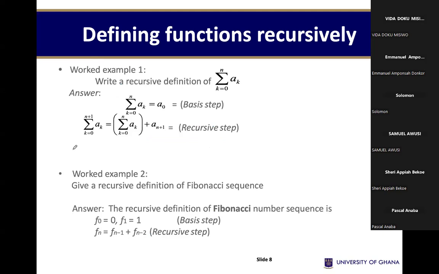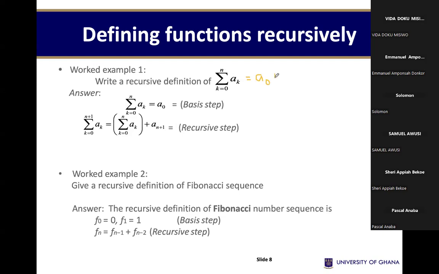So let's look at this example again. Write a recursive definition of the summation of AK, where K will start from 0 to N. It is easy to know that if I'm supposed to write this out initially, when K is 0, I'm going to have A0. This symbol means sum.